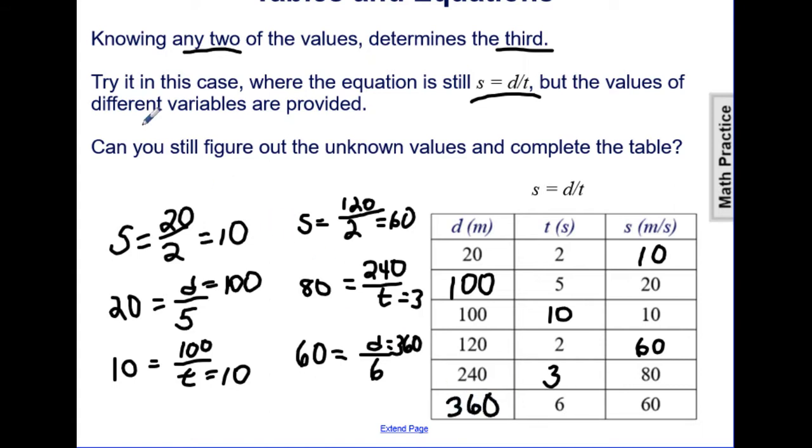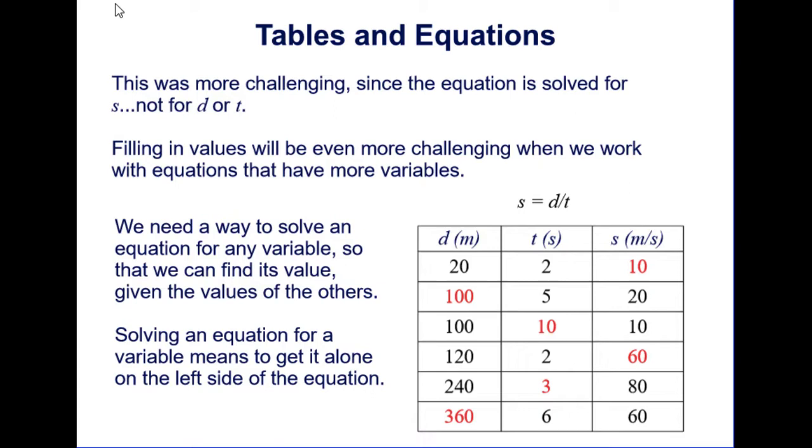So we were able to fill in our columns and rows, our missing values, but it was a little harder. We had to think of different operations to use rather than just dividing. It was more challenging since the equation is solved only for s, not for d and t. Filling in values will be even more challenging when we work with equations that have more variables.